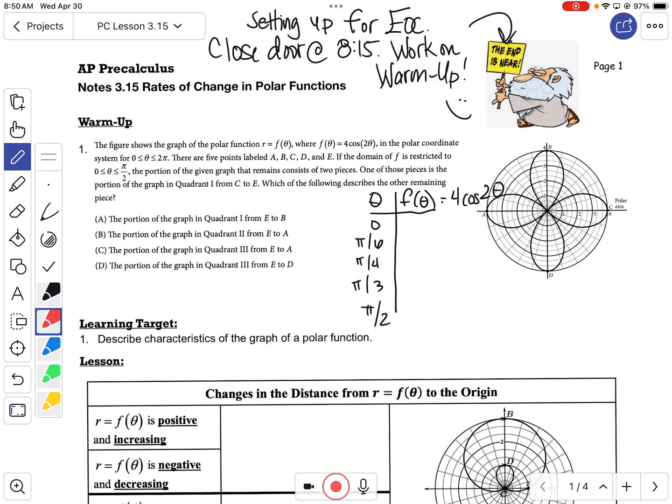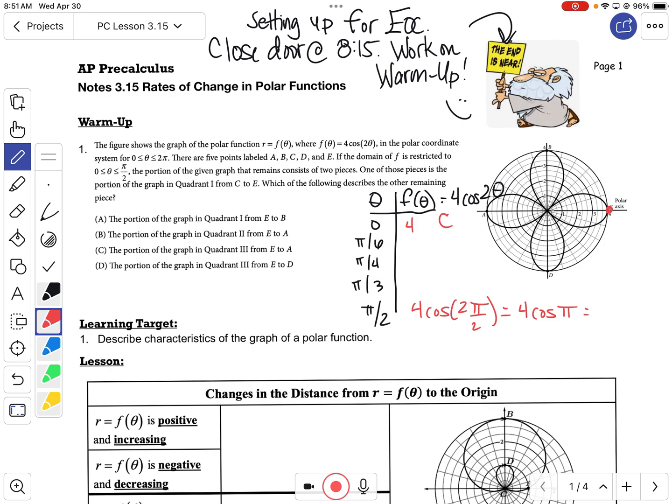So let's do 0. 4 times the cosine of 0 would be 4. So 0, 4. So that's point C, and I like to label it so I know what it's talking about, okay? And then I'm going to do pi over 2 because they gave me that one as well. If I do 4 times the cosine of 2 times pi over 2, that would just be the cosine at pi.